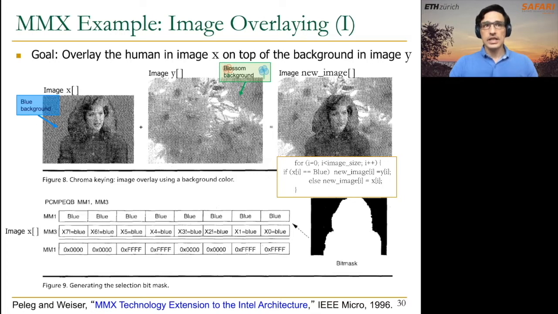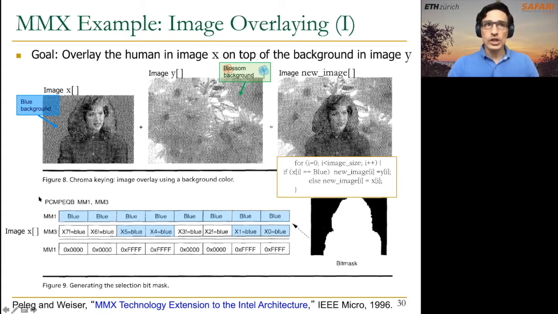The idea is that for every pixel of the X image, we are going to check whether it's blue or not. To do so, we compare each of the individual pixels that we load into these vector registers, for example vector register MM3, with a vector register MM1 that contains blue in every single byte.